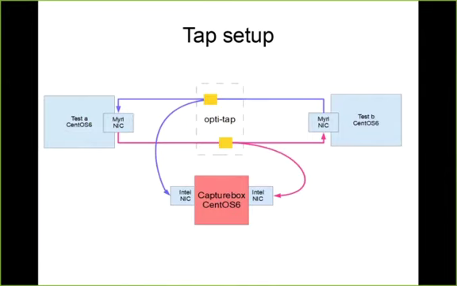So the following 10 slides or so are all about evaluating whether what I'm seeing through the capture interface is in fact what's happening on the wire or on the fiber.